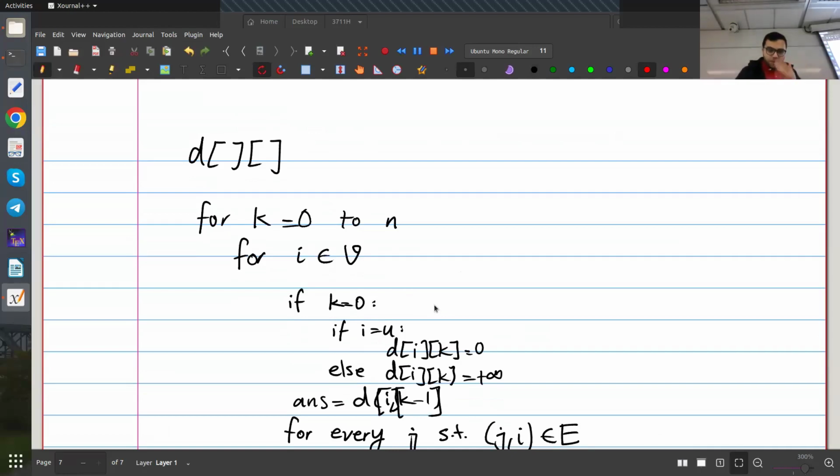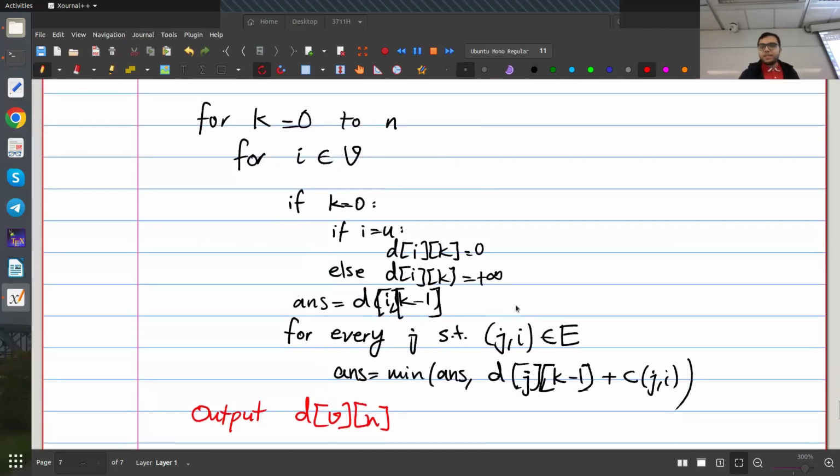Now, I talked you through why this is correct, but what is the runtime? Generally speaking, when I want to find the runtime, I can again think of this dependency graph between my subproblems, and I can just imagine how many subproblems do I have, and at each subproblem, how much time am I spending? And then I can just sum this up and say that this is the total time of my algorithm. So how many subproblems do I have here?